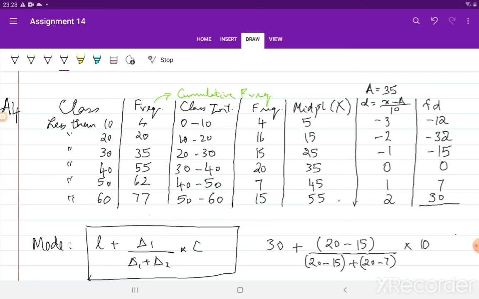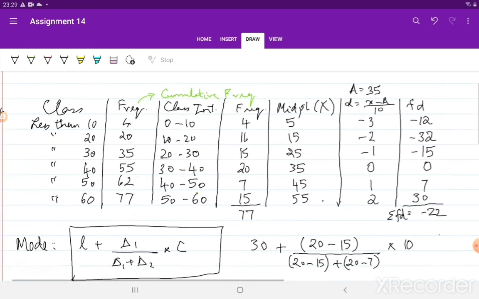As you can see, summation fd is a much smaller number since you have both positive and negative values and they cancel out quite a bit. So summation fd is equal to minus 22. Now summation f or total n, as we have noted before, is 77.